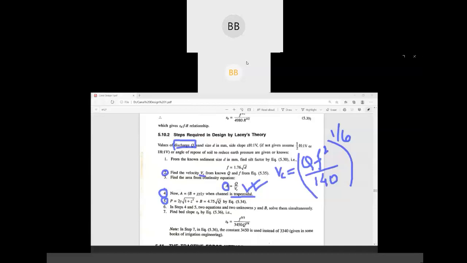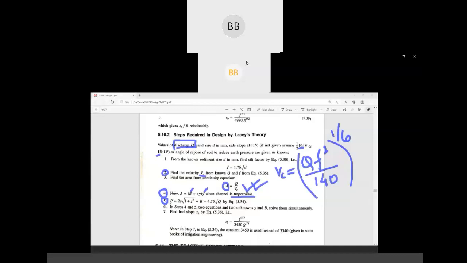Z value, if it is given, then it's okay; if it is not given, then we are going to assume 0.5 or 1. So in this equation we have two unknowns: width of the channel and the y value. Definitely with a single equation we cannot find two unknowns; we need at least two equations to find two unknowns.